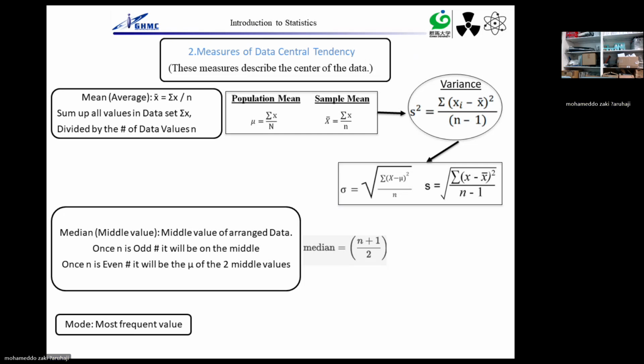Yes, the median is 2, not 3. That equation means the third value is the median, and we are supposed to rearrange the values in order first.